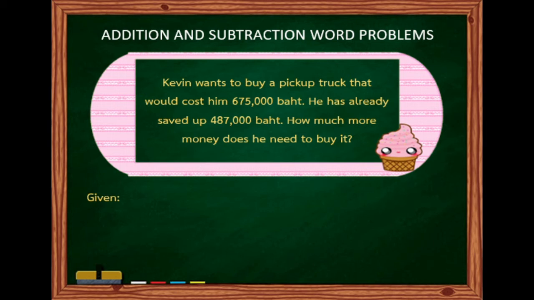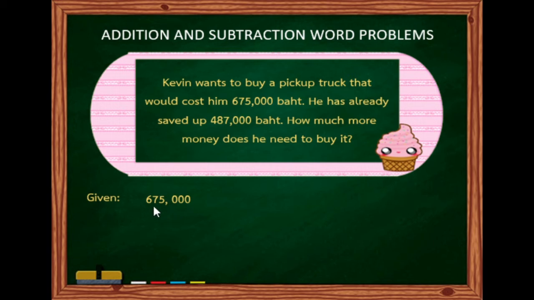For it to be simple, you need to take note of the given data in the problem. Given means what is found in the problem. So we have 675,000 baht. What is 675,000 baht?